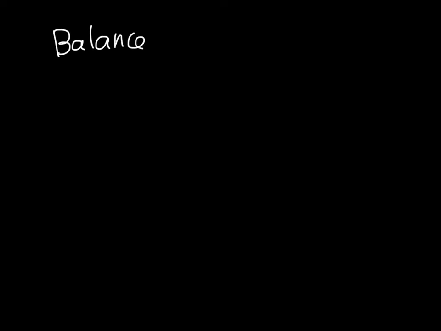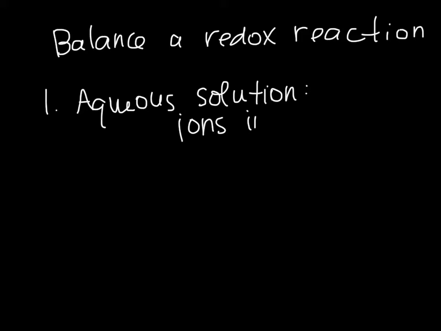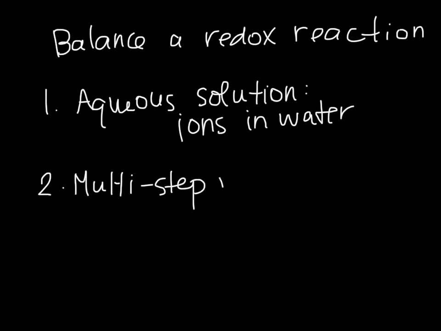There are just a few notes before we go into the steps. The first note is just a reminder that an aqueous solution means ions in water. And we are going to find that this is a multi-step process.